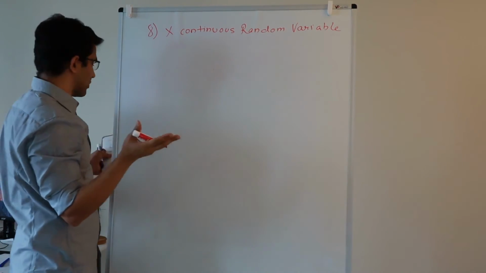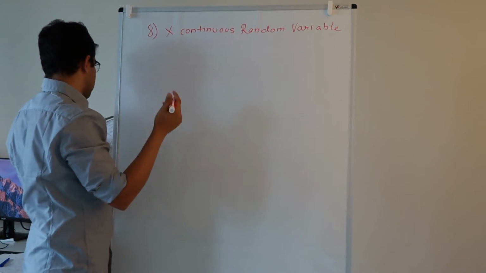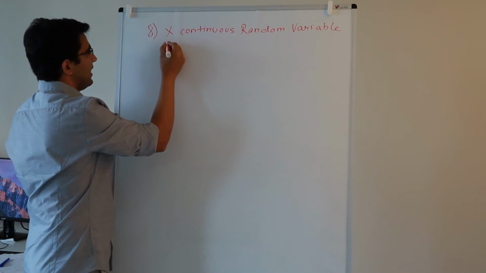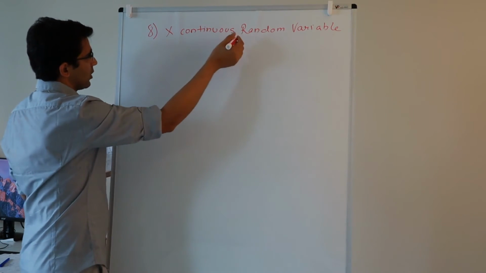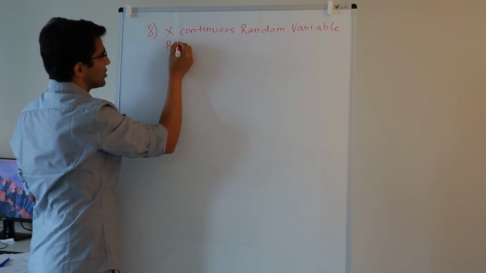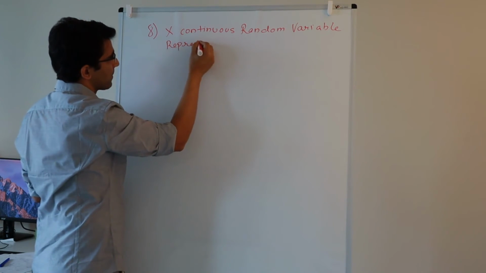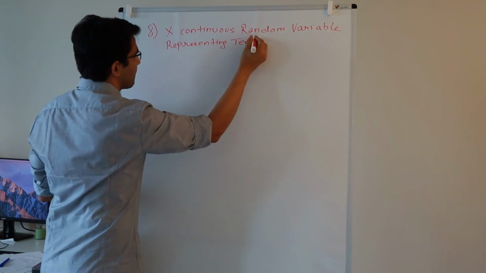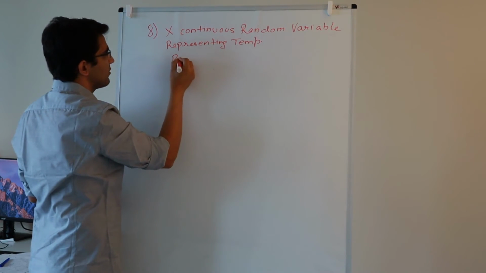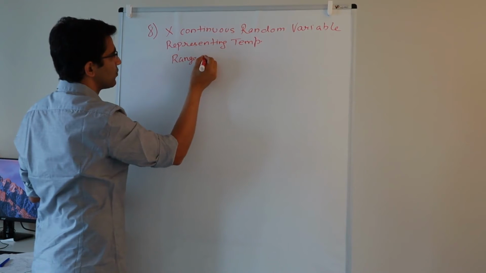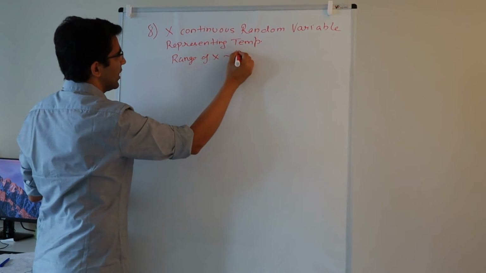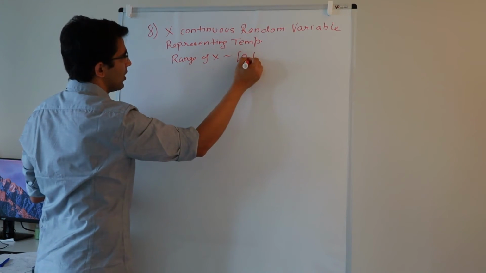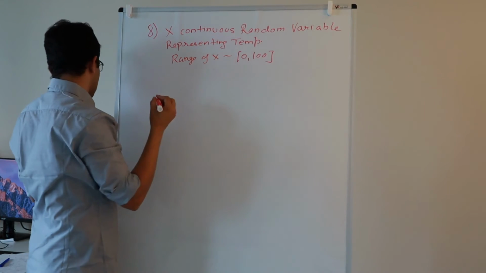This is a question from statistics, and x is a continuous random variable representing temperature. The range of x is given to you. It's 0 to 100.